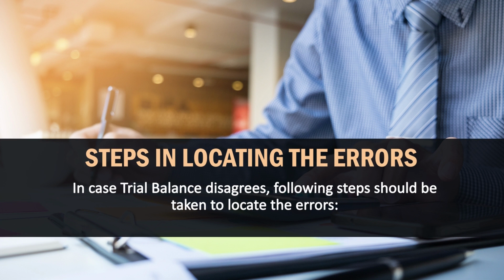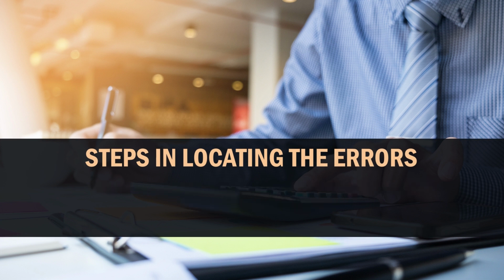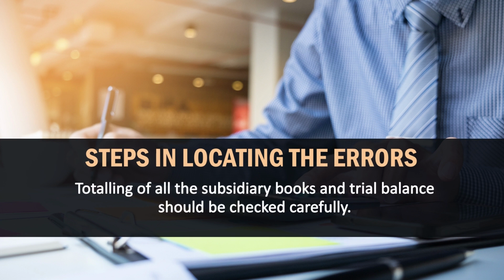So, we will be now discussing those steps. The first one is totaling of all the subsidiary books and trial balance should be checked carefully. So, here it is pertinent to note that if the trial balance does not agree, in that case we should make the total of the subsidiary books and trial balance very carefully once again.